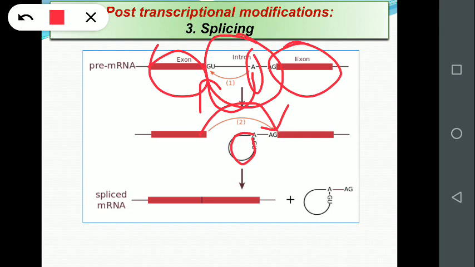Due to that interaction, this end joins with the 5' end of the other exon, and consequently the intron is released.